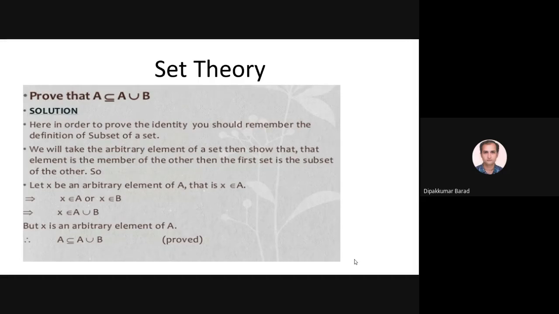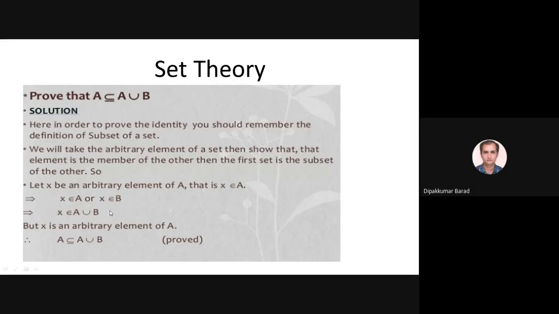Here, prove that A is a subset of A union B. First, let x be an arbitrary element in A. So what we do, we choose one element from A, and if we prove this is also an element of A union B, then I can say that A is a subset of A union B. If x belongs to A, then x belongs to A or x belongs to B. It might be possible x does not belong to B, that's why I write 'or'.